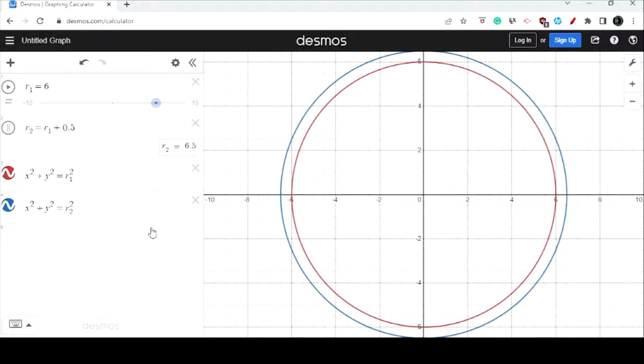So to do that, we're going to use inequalities. This is going to be made of four inequalities.